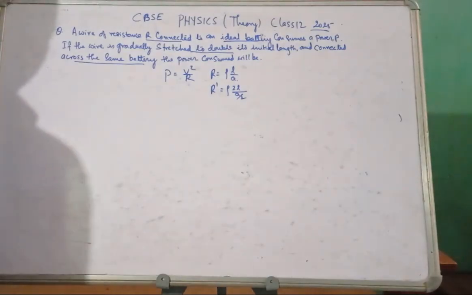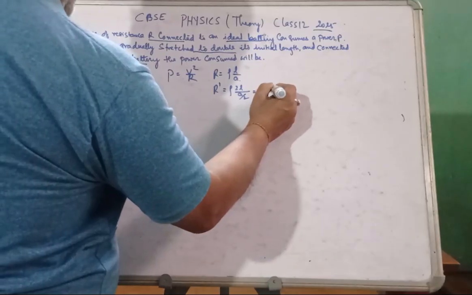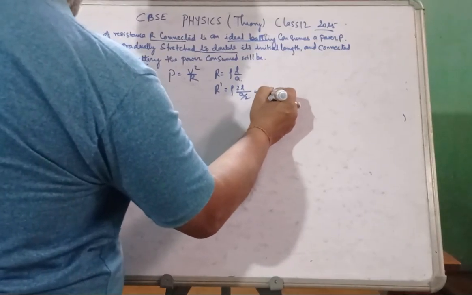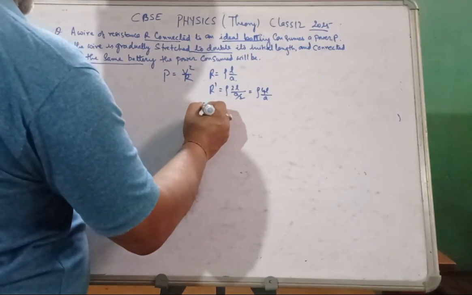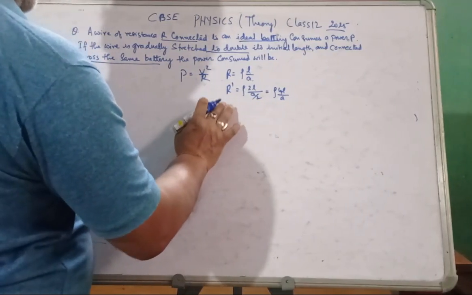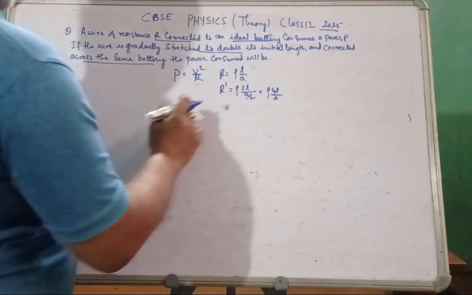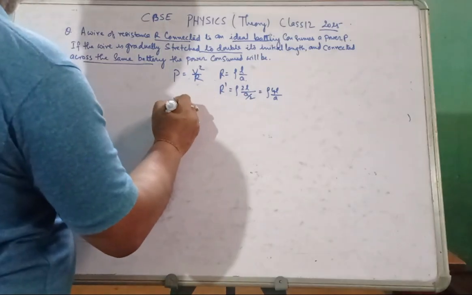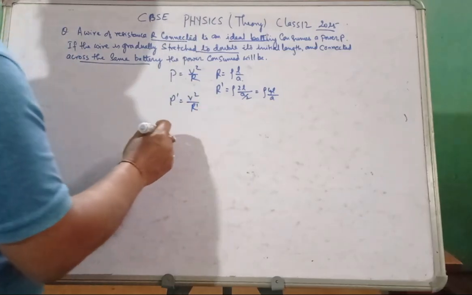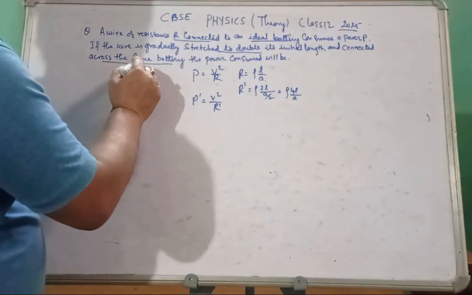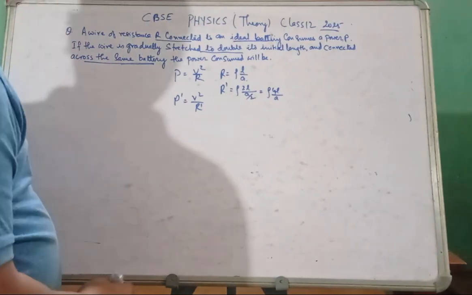So this will be rho 4L by A. So my new power P dash will be V square by R dash, because it is connected to the same battery, so V is a constant.